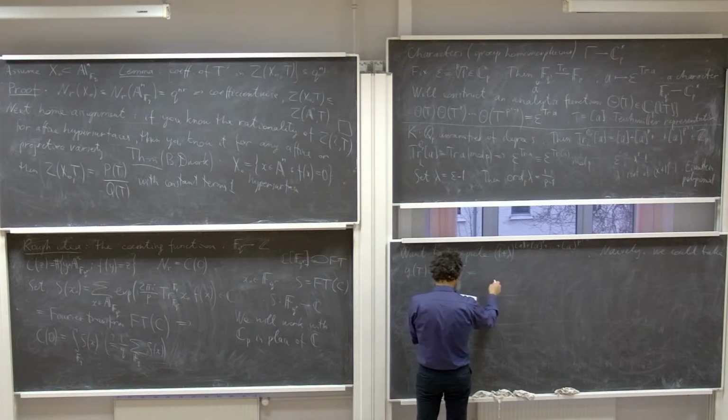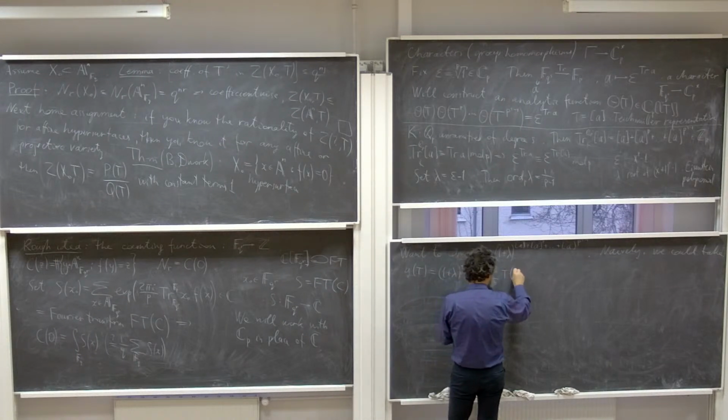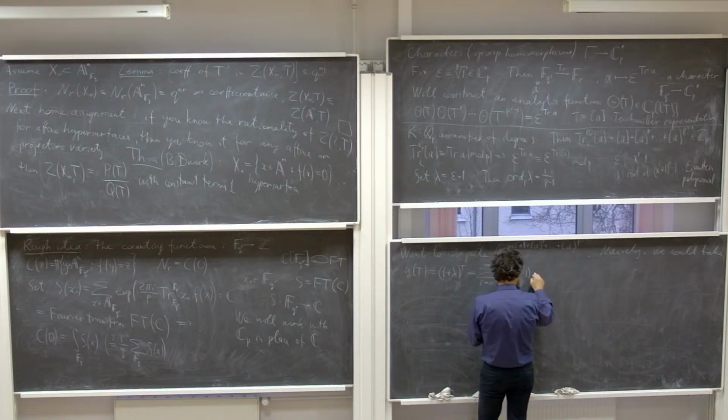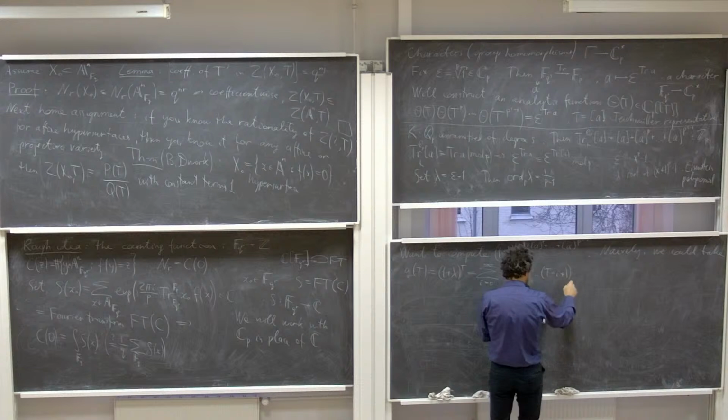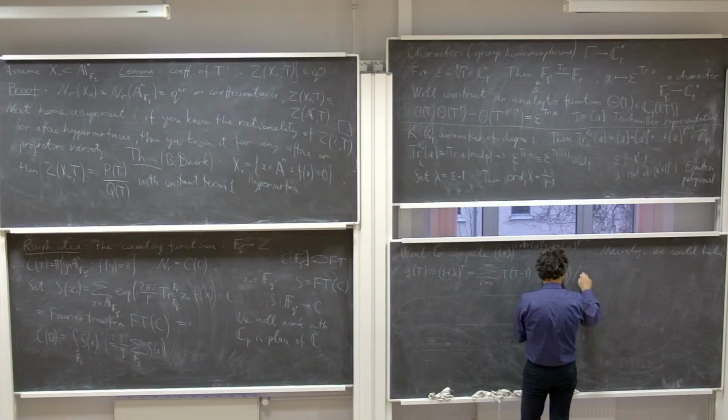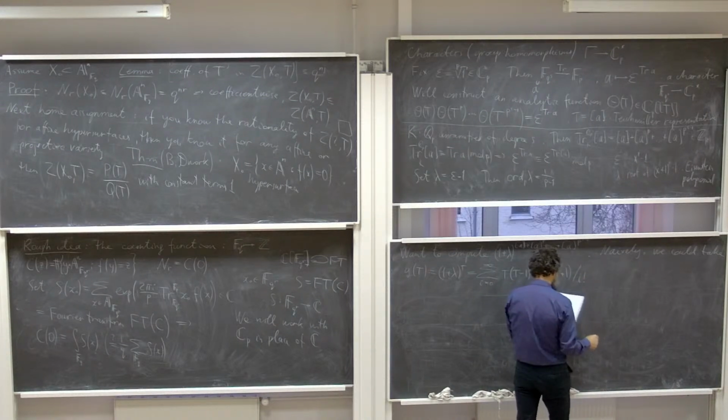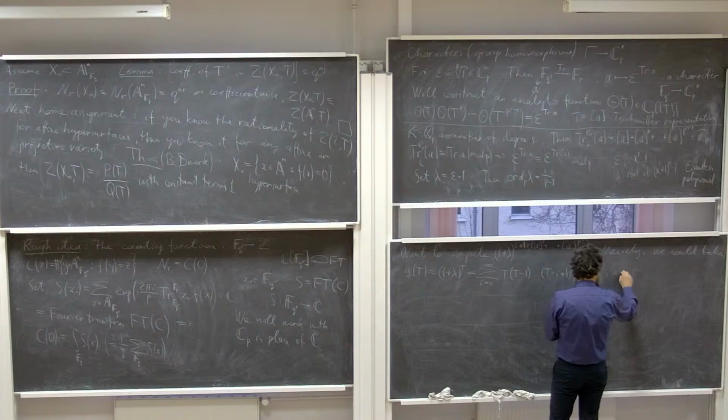So just by the Newton binomial formula, the sum from 0 to infinity of t times t minus 1 and so on, t minus i plus 1 over i factorial, lambda to the power i.